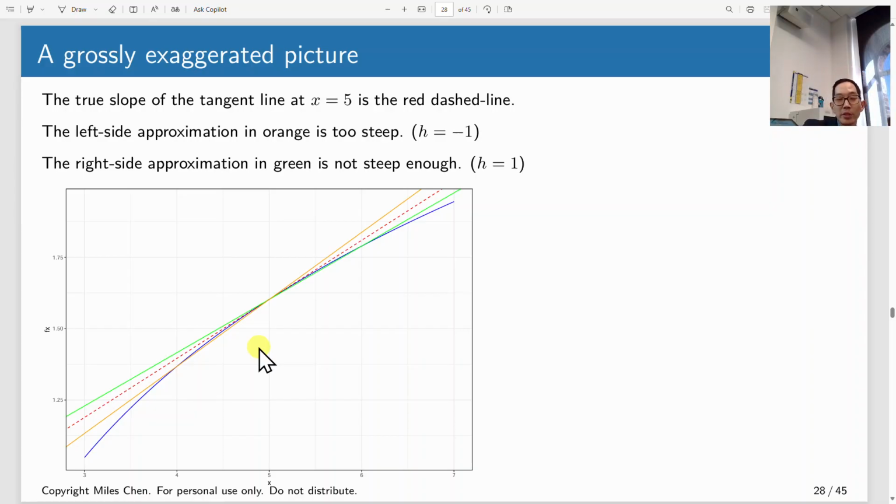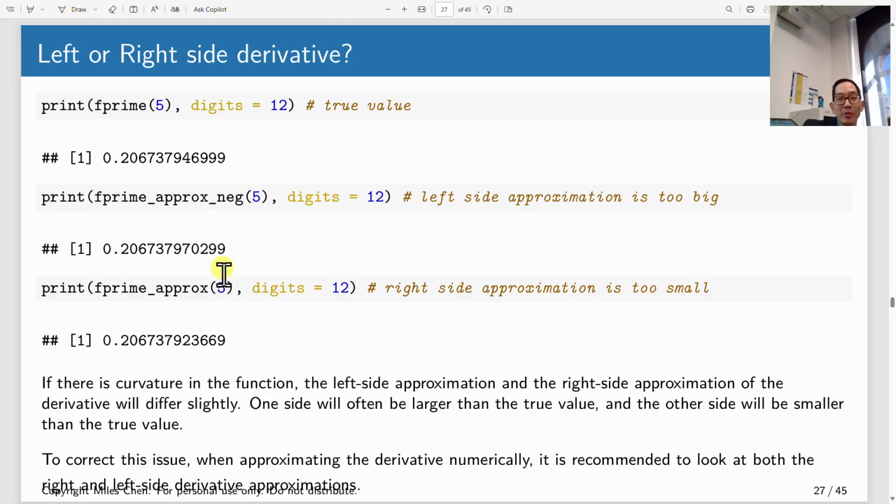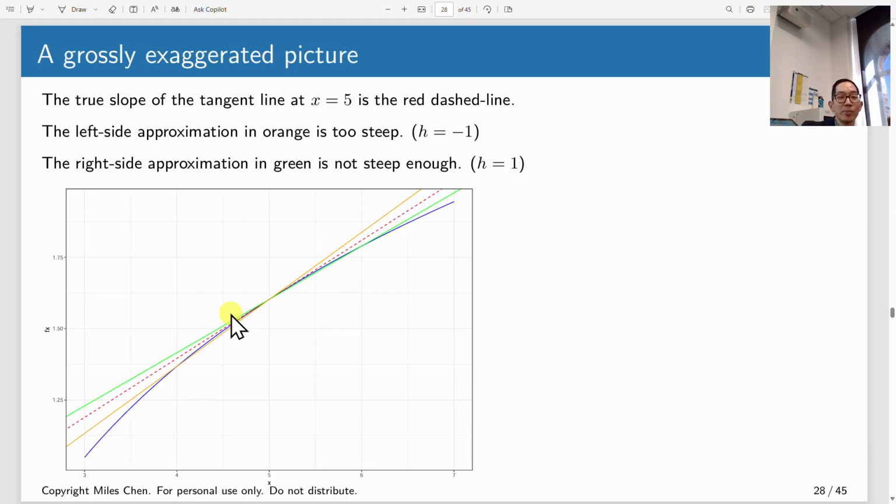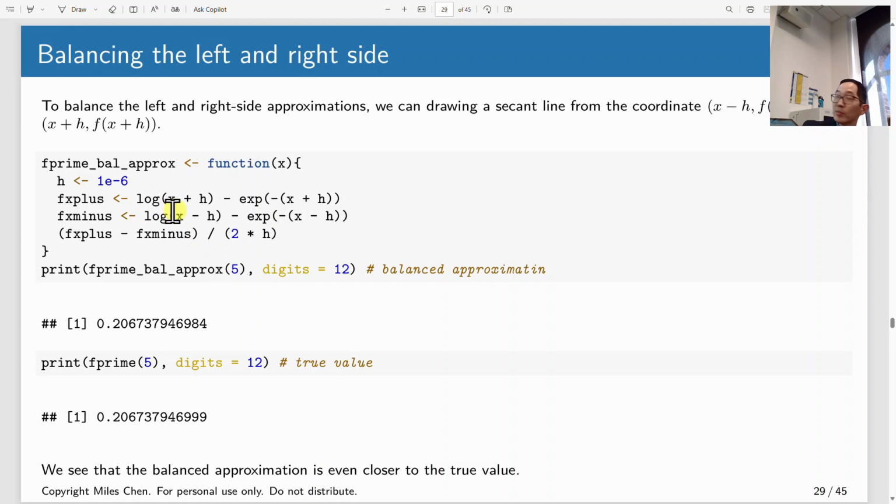So what I can do is say, why don't I just take the average of the left-hand side, which is too steep, and the right-hand side, which is too shallow? Basically, I'm going to calculate my balanced approximation by doing x plus h and x minus h.